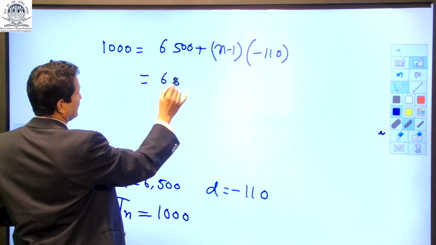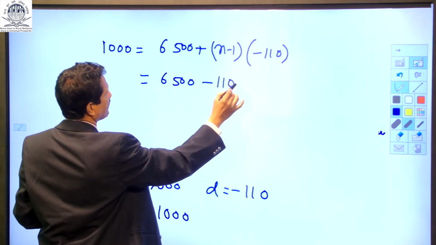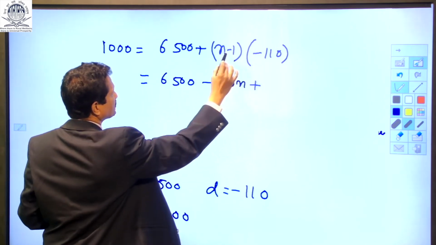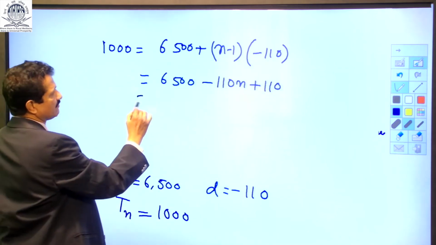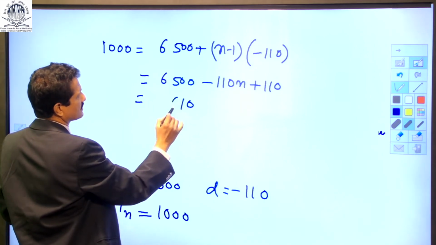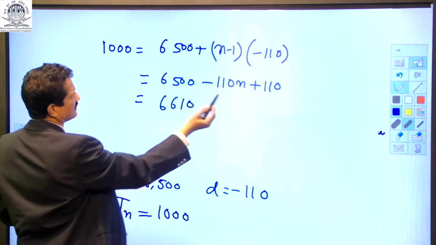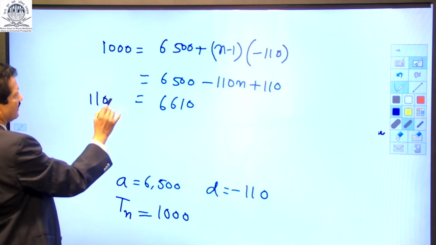So this is 6,500 minus 110n, plus, minus into minus is plus 110. So this amounts to 0,166. Transposing this to this side, it is 110n.